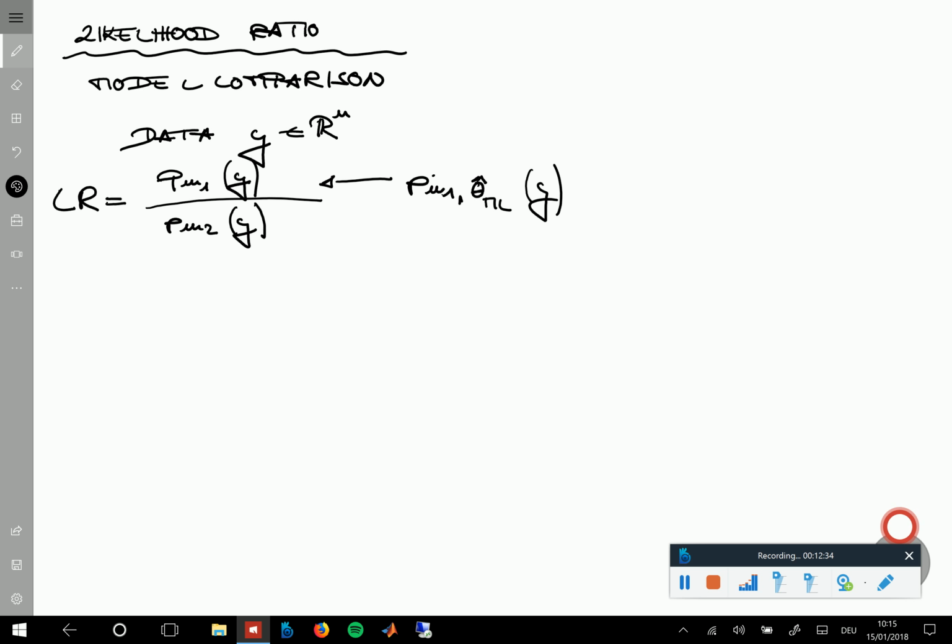The first thing that one needs to do is to actually log transform it. So instead of looking at likelihood ratios, what we will be interested in, if we apply this model comparison criterion to a specific part of the GLM, are actually log likelihood differences.